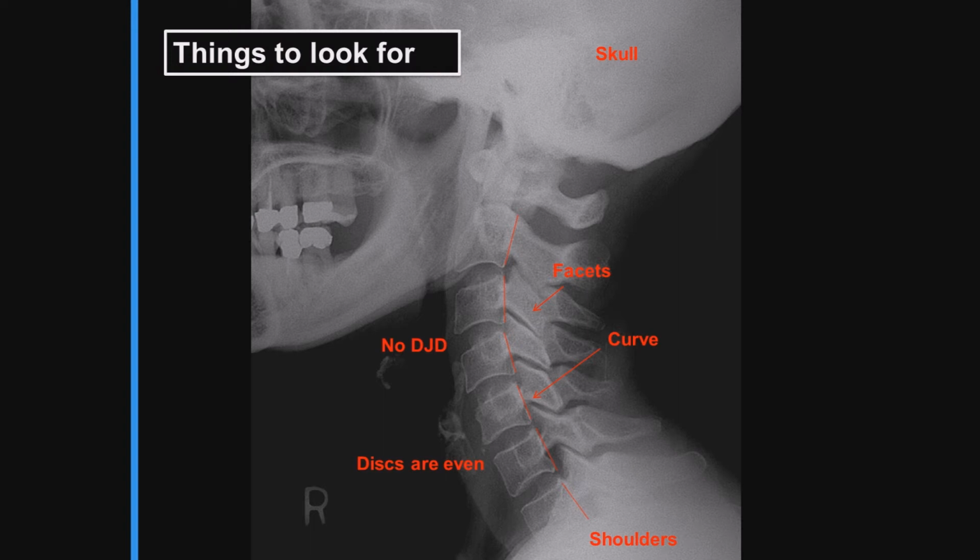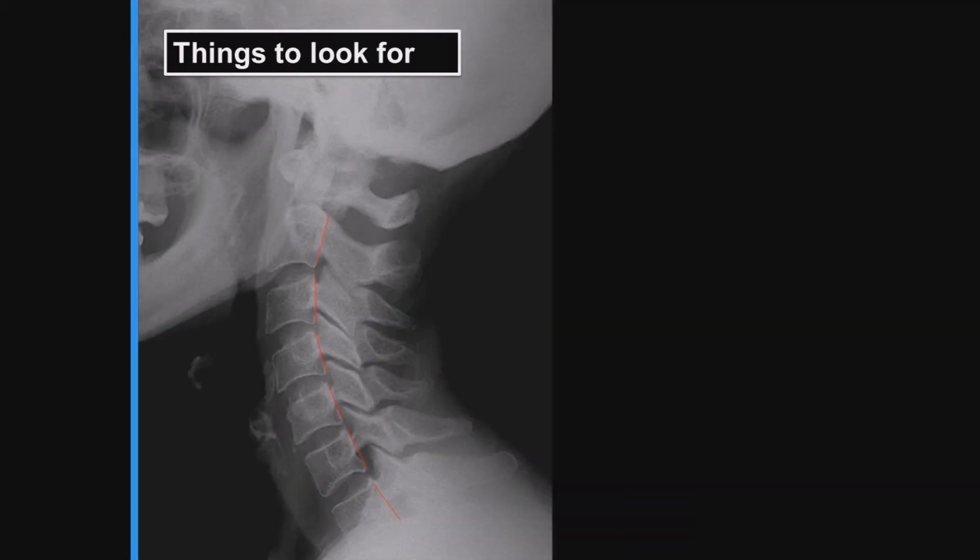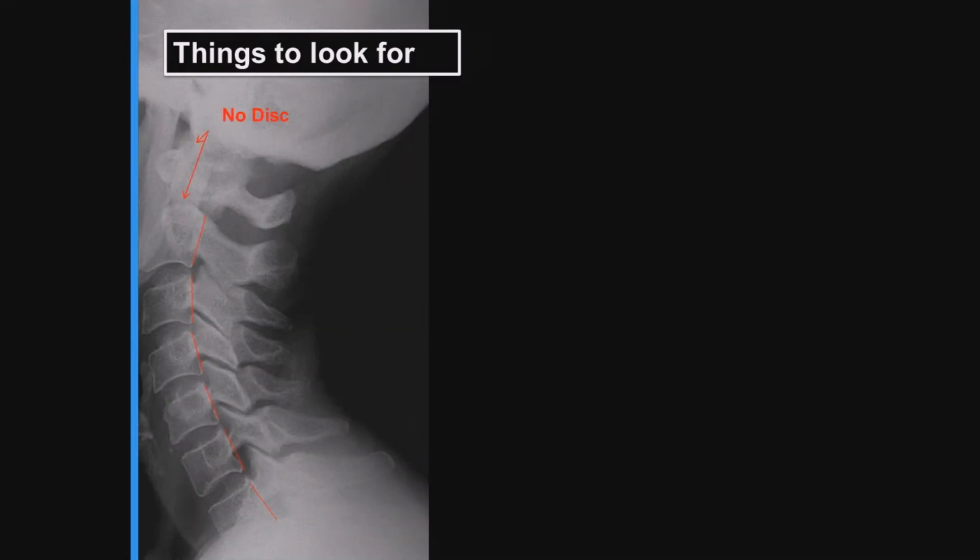When you look at the upper neck, the atlas, C2, and the occiput, there is no disc above or below the C1 vertebrae. There are also no interlocking facet joints. So this is a very important point that sometimes gets overlooked.